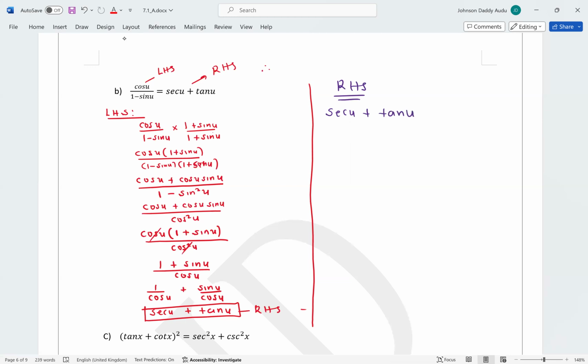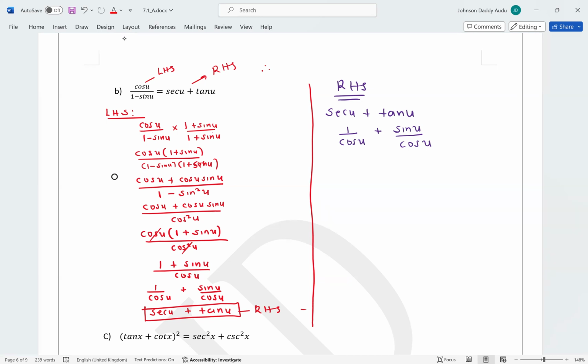So the best thing will be for you to convert everything to sine and cosine, since on the left-hand side, everything is in cosine and sine. So this we can write as 1 over cosine of u plus, this now can be written as sine u over cosine of u, right?